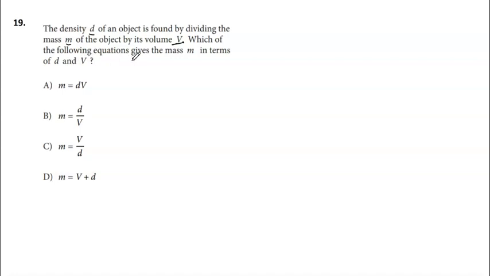Which of the following equations gives the mass m in terms of d and v? Right? So first of all, we have to establish the original equation, right? It says the density d is found by what? Dividing the mass by volume. So this is the original.